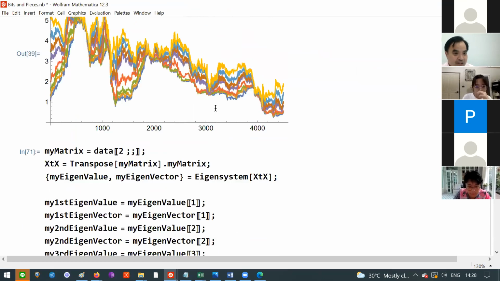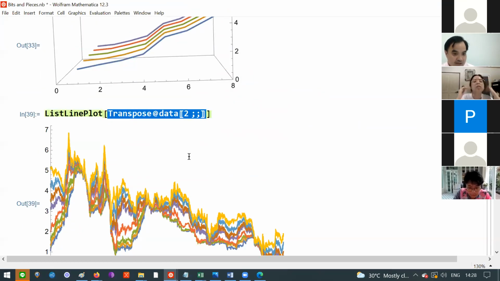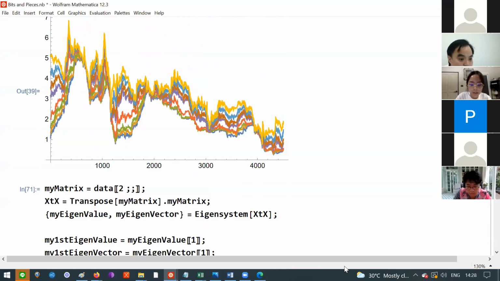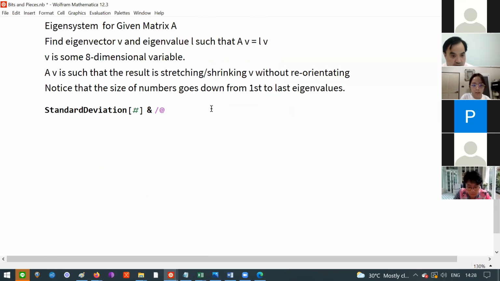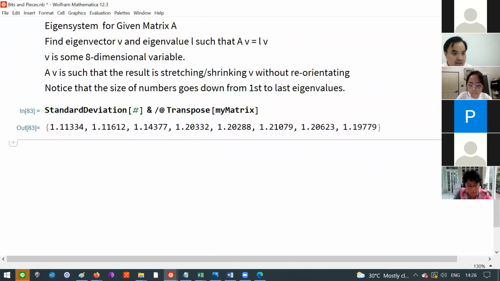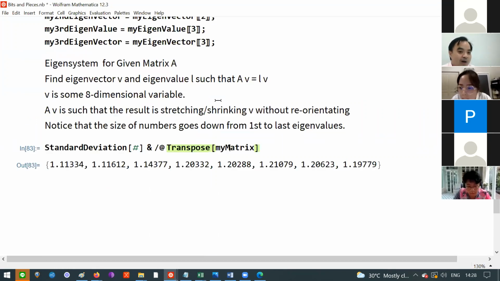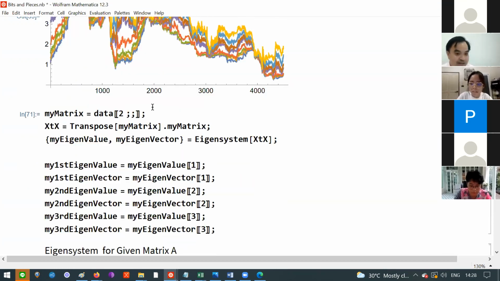If I take the standard deviation of my matrix, what this does is simply calculate the standard deviation of every column because I take the transpose.